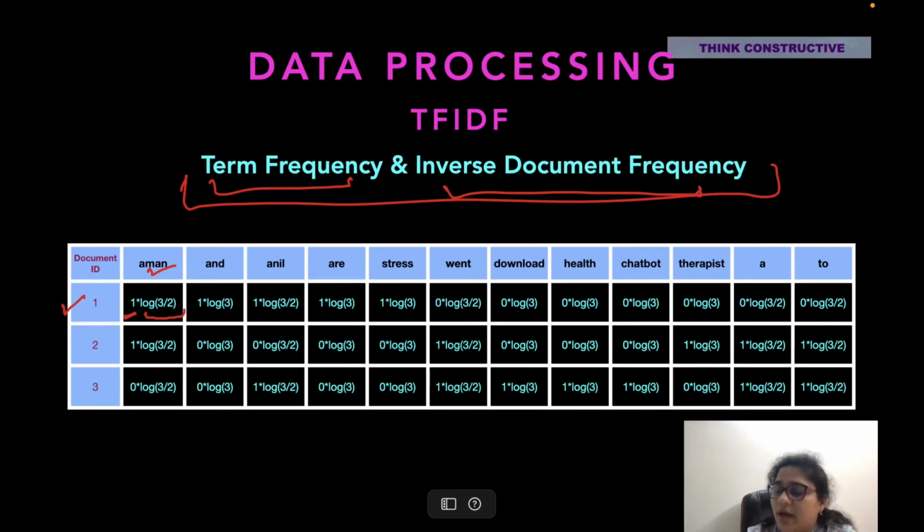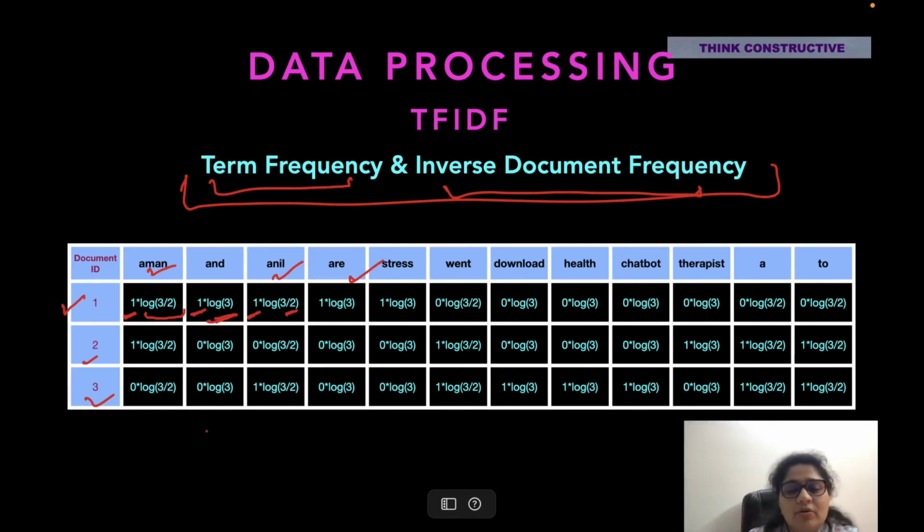Okay, then AND: term frequency of AND was 1 and IDF for AND was 3. So 1 into log of 3. Similarly for Anil, term frequency was 1 and IDF was 3 by 2. So 1 into log of 3 by 2. Right? So that's how you will put the values for each word given in every document. All right. So that's how you fill this table.